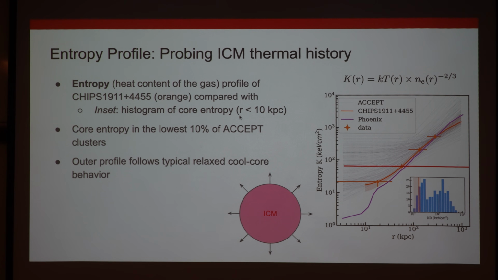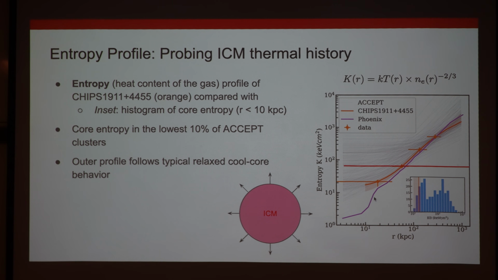It basically measures how much heat content of the gas is available at different radii. Here the black line is the profile of a typical cluster. We use an exact sample of clusters.